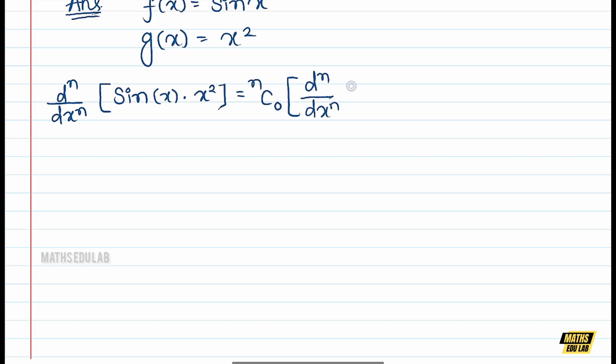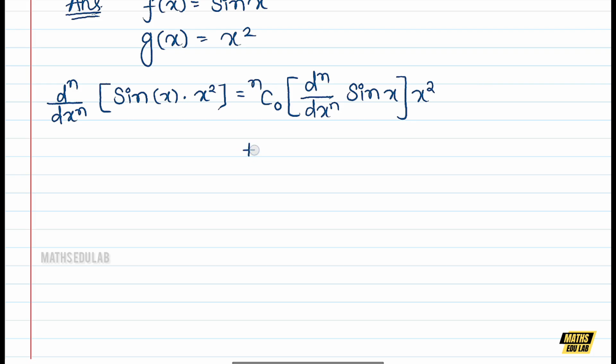Here we have f of x, which is nothing but sin x, and we keep g of x as it is, that is x square, plus nC1.